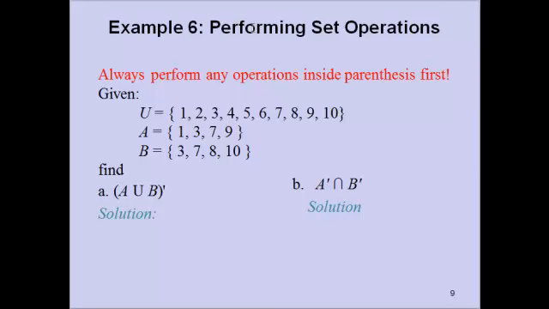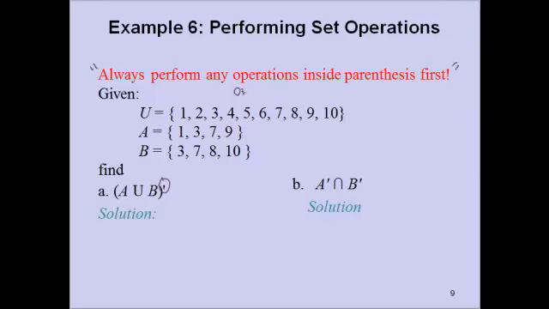Okay, so now performing some examples on the sets. U is 1 through 10. That's our universal set. So now we can talk about the complement here. A is going to be 1, 3, 7, 9. B is going to be 3, 7, 8, and 10. And remember to always perform any operations inside parentheses first.